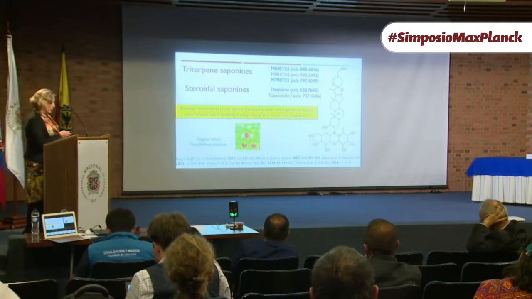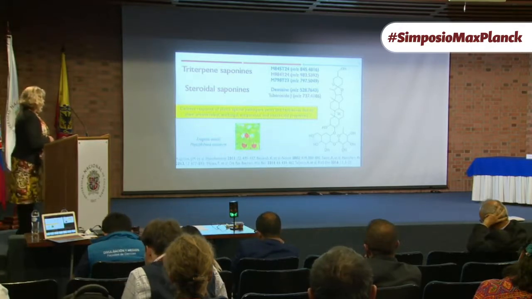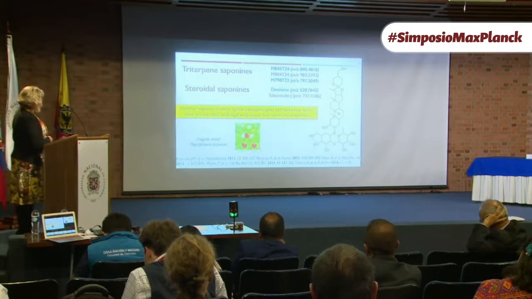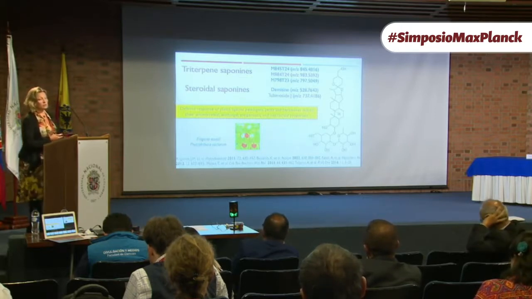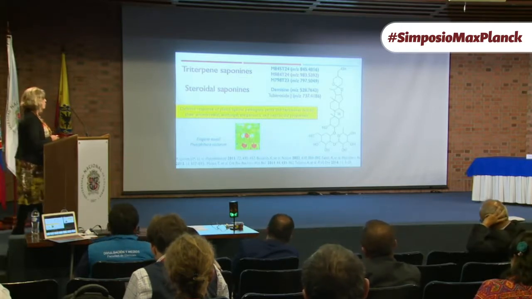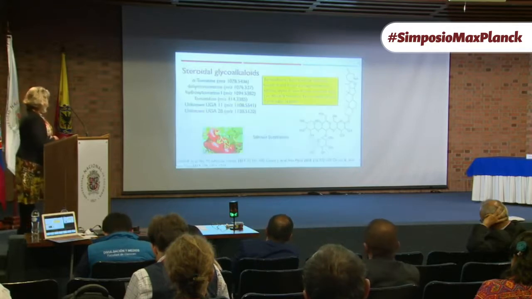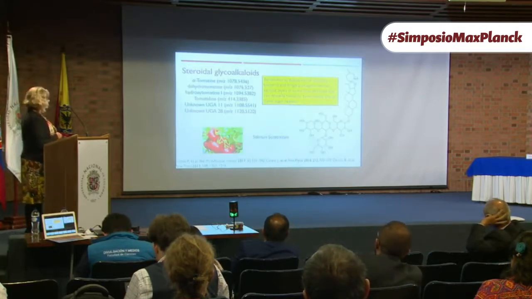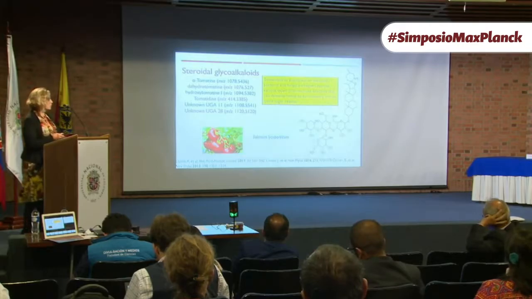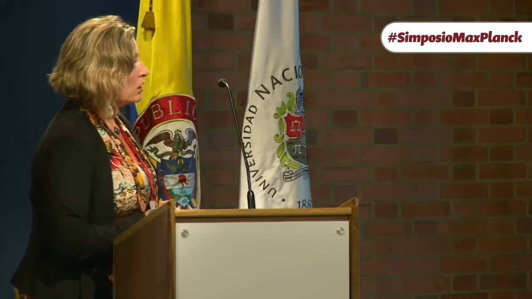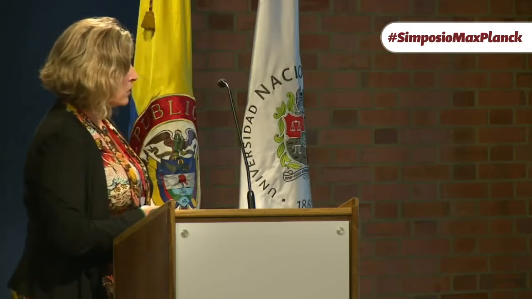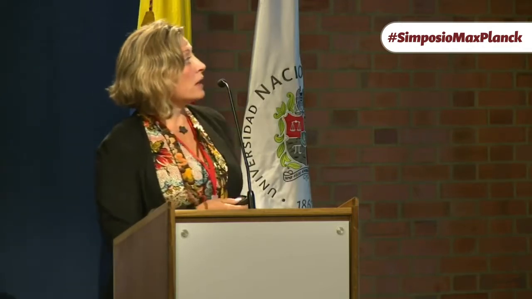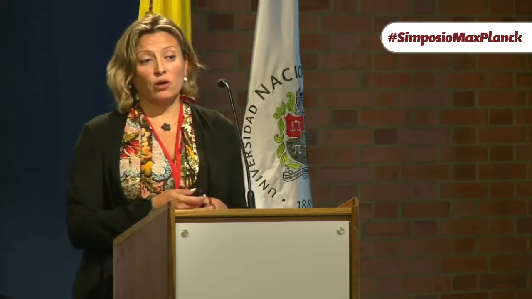These compounds, for example, normally react as a response of the plant against the pathogen, due to the presence of sterols in the membrane of the phytopathogen. Then the steroidal glycoalkaloids are another class of compounds which could easily be identified, especially tomatidine, which is this one here, that could be used as a biomarker of the infection.